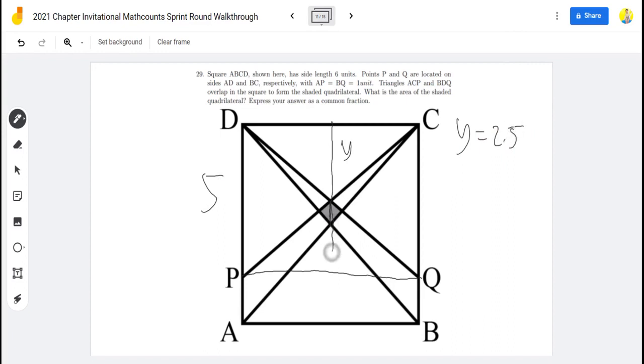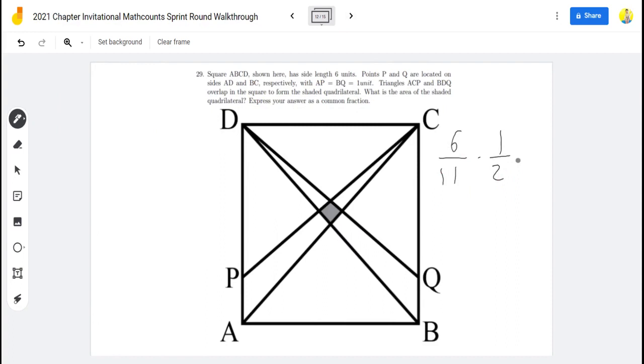And to find this length right here, we see that this length is just half of 6, which is 3. So this length right here is just 0.5. Now multiplying them together, we get that 6/11 times 1/2 all divided by 2 equals 3 over 22, and that is our final answer.